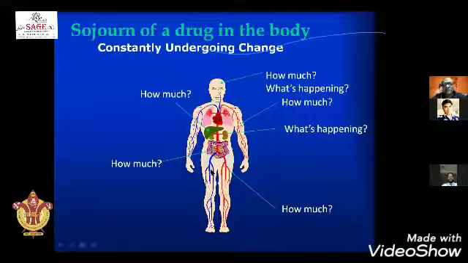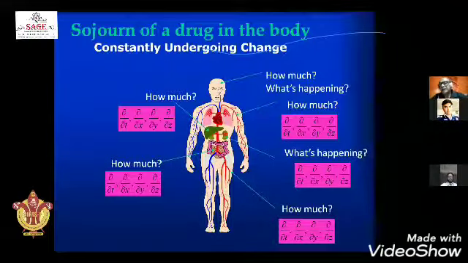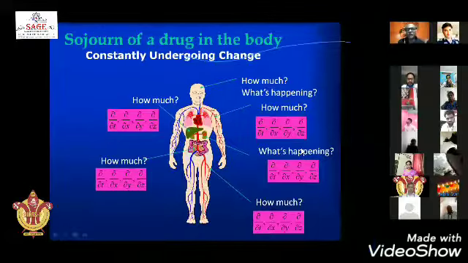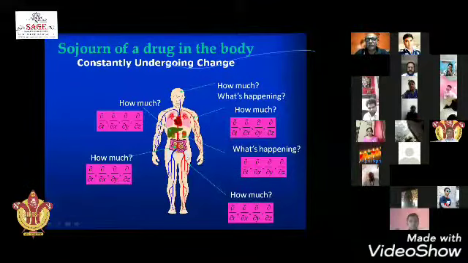That will be decided by different rate constants: the absorption rate constant, distribution rate constant, metabolism rate constant, and elimination rate constant. These are the different rate constants: 1, 2, 3, 4. That will decide how much drug will reach a particular part of the body for getting the response of the drug.